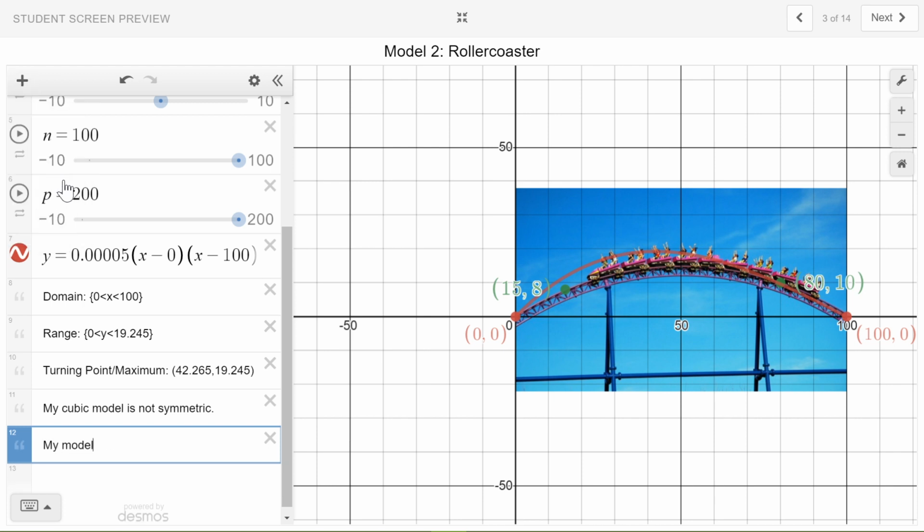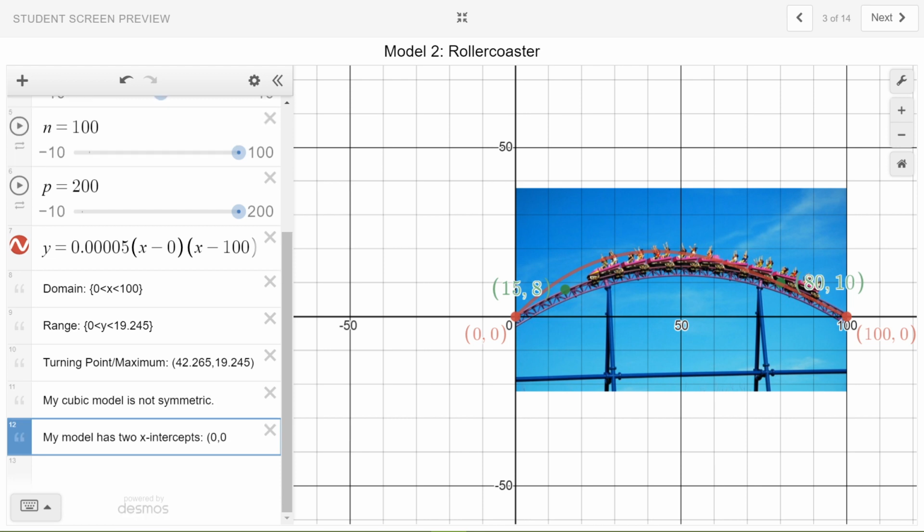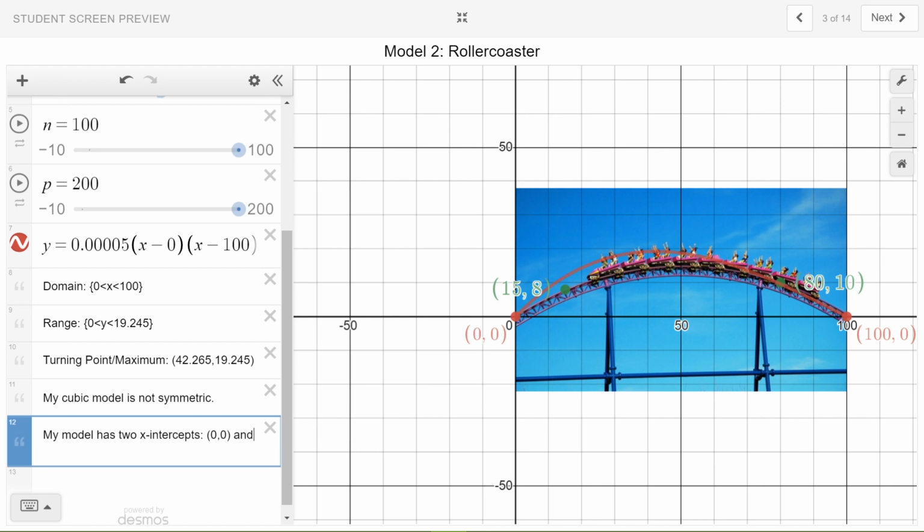My model has two x-intercepts, namely (0, 0) and (0, 100).